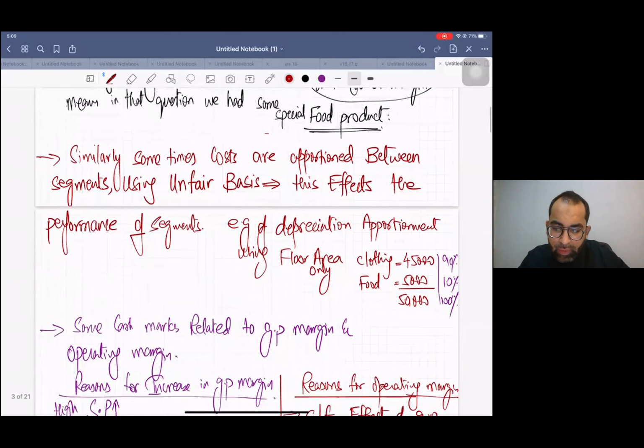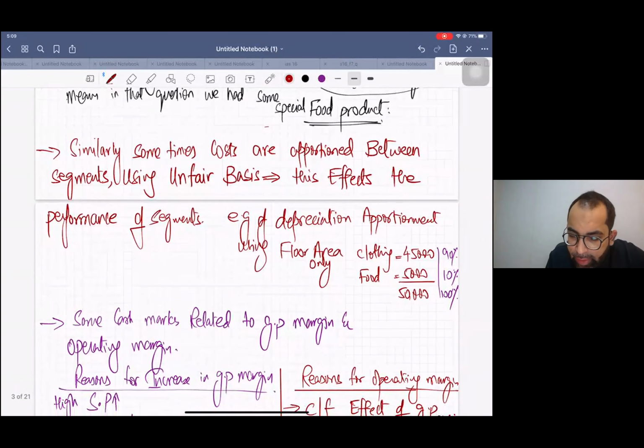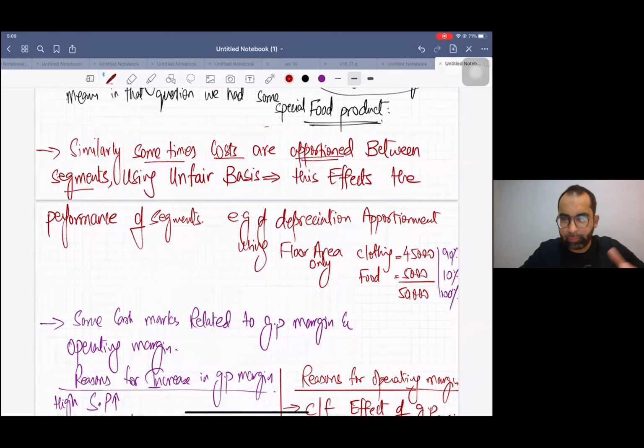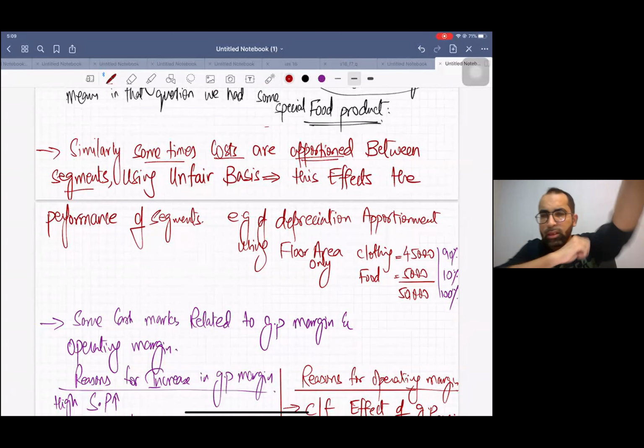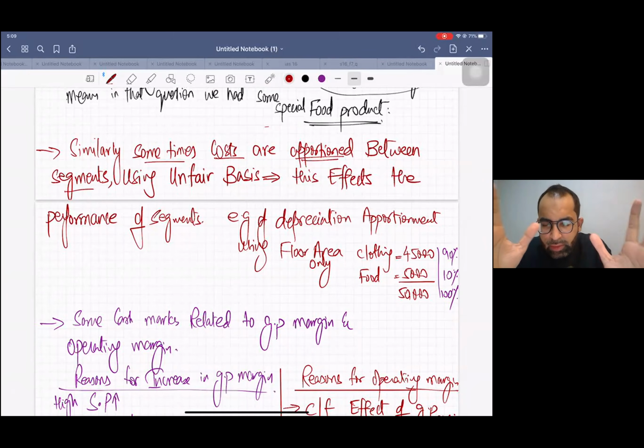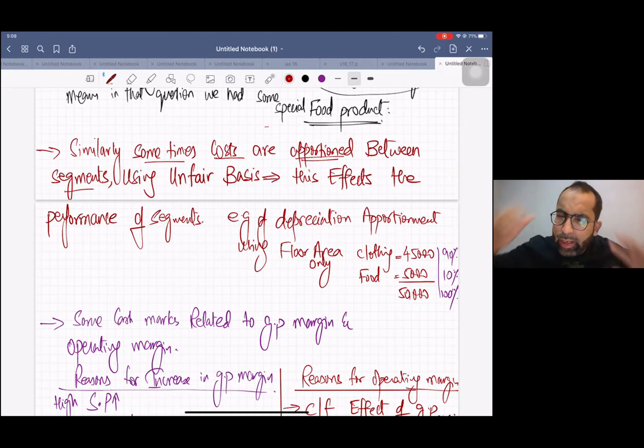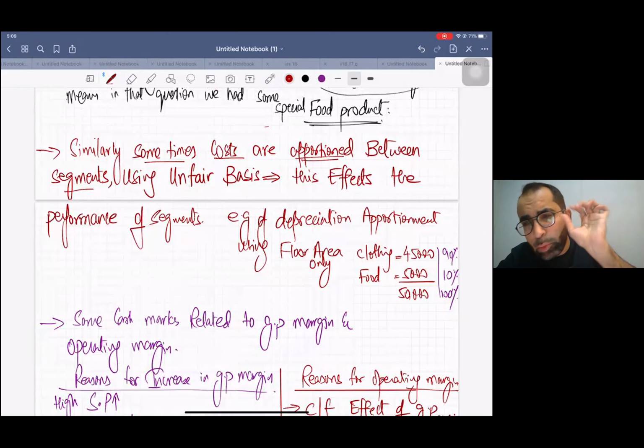Now one more thing. Similarly, sometimes costs are apportioned between segments. Look at here. For example, again, I have two businesses: clothing business plus food business. I have, let us say, 15 clothing boutiques and only two food shops.